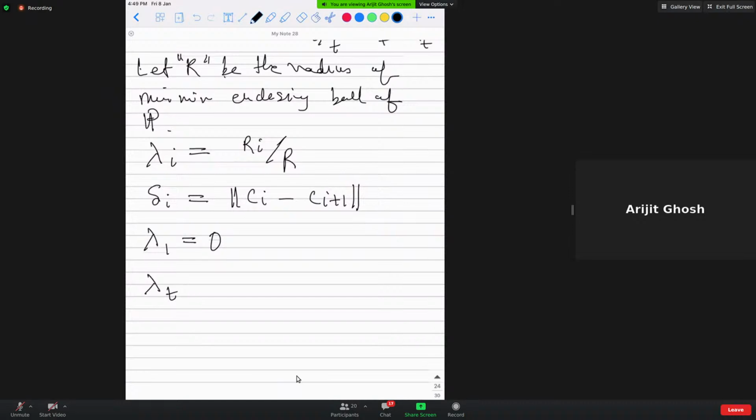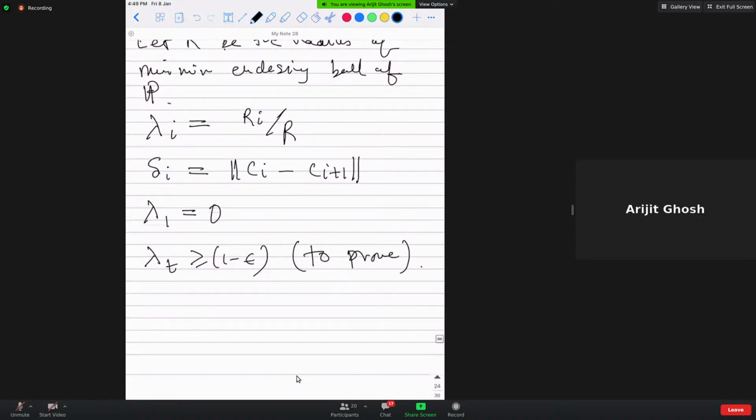Not t plus epsilon, but something. So it will become greater than or equal to 1 minus epsilon, something like this. This is something we will have to prove. But lambda 1 is 0, so there is nothing to prove, right? Q1 has just 1 point, so R1 is 0. Okay, good.